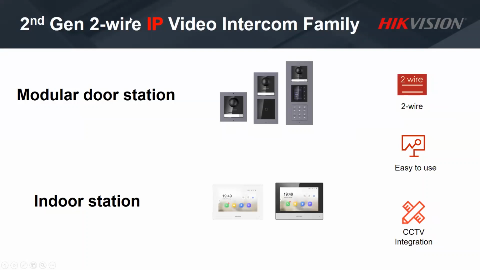We'll explain this feature a bit later. To wire them up, it's using 2 wires. Within this family, it's only our modular door station; we don't have the villa door station here. And for the indoor station, we have these 2 indoor stations for the 2-wire IP family.